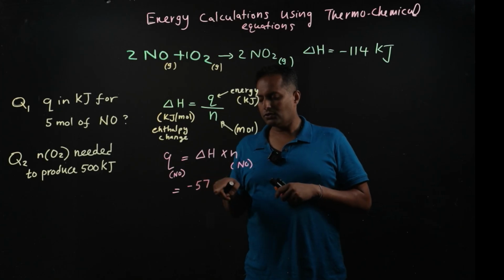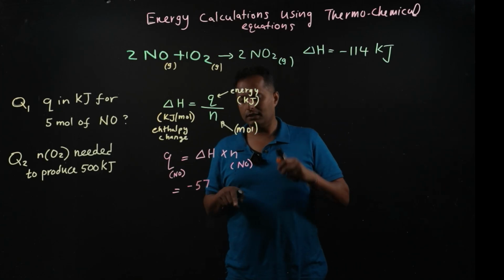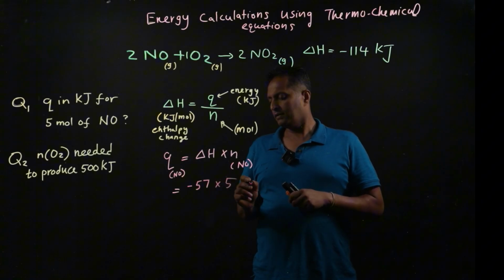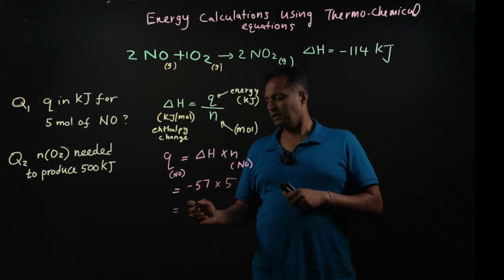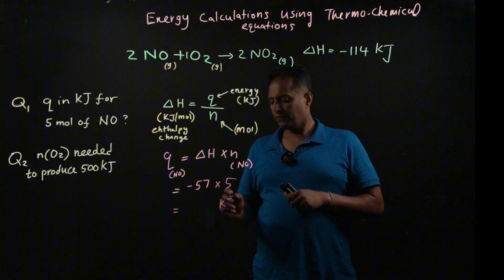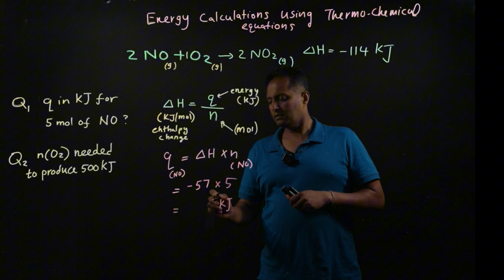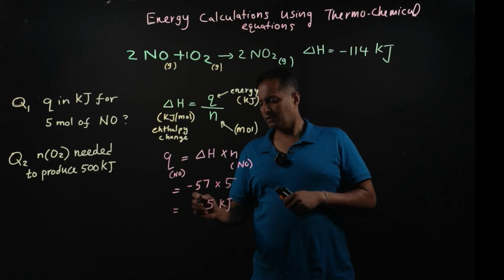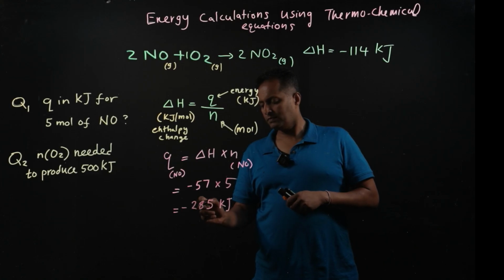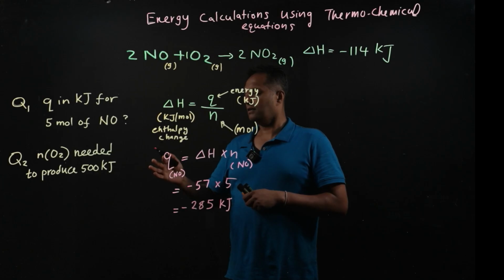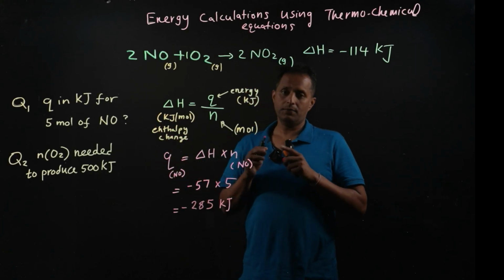You have to use those signs, positive or negative, in this case negative. Now the number of moles is 5, so the answer is minus 285 kilojoules. Now compare this answer with our previous answer where we did the same question using ratios.